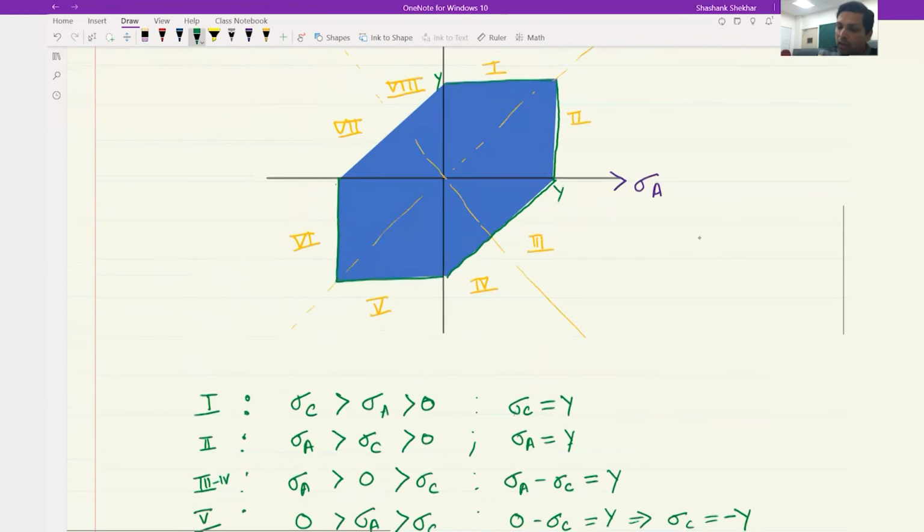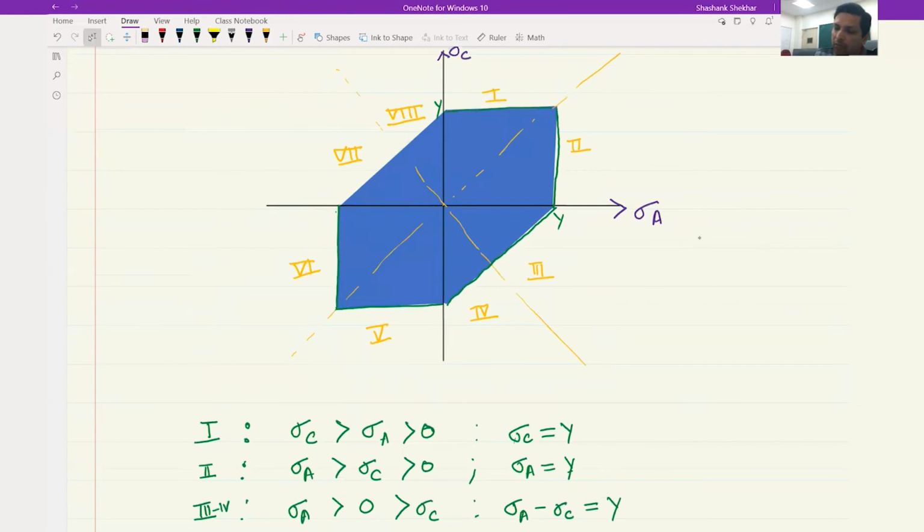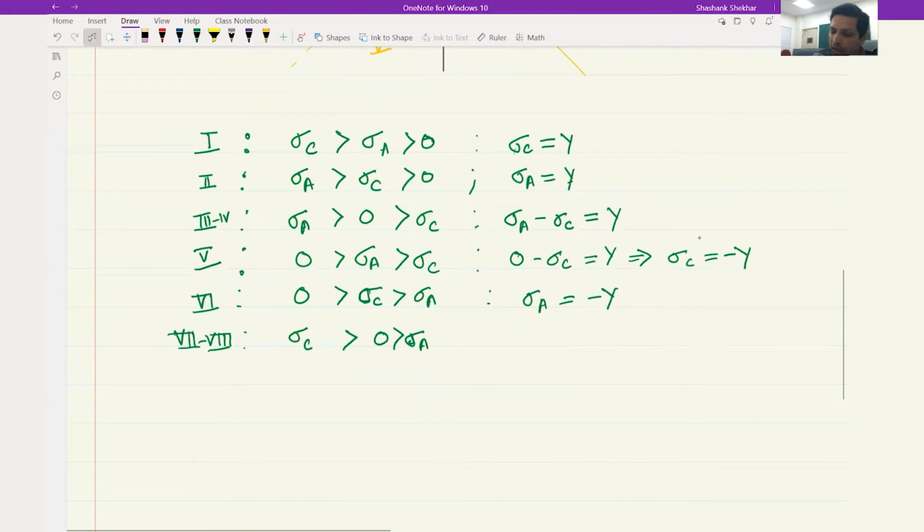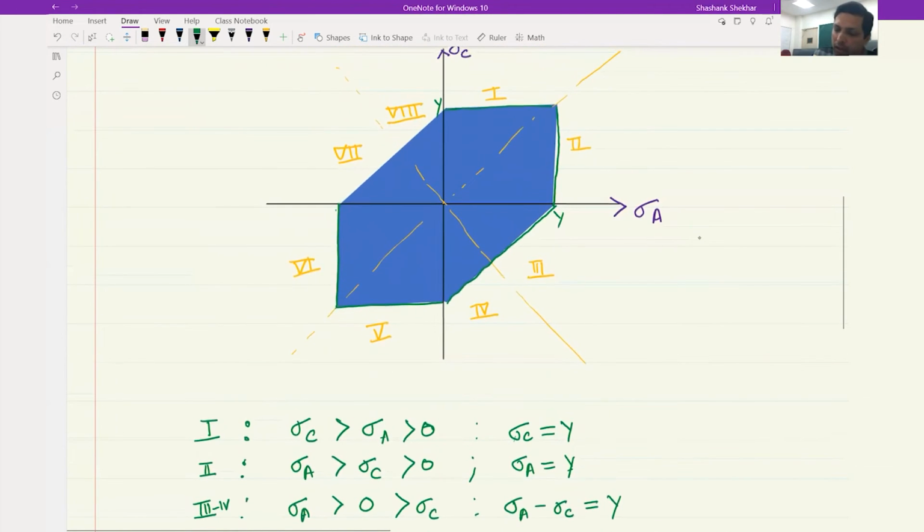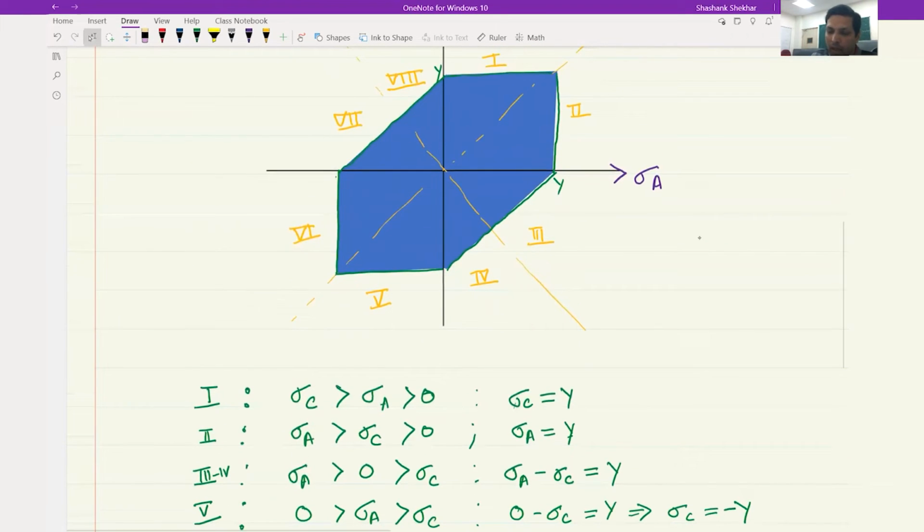So you can see that here sigma a is in the negative, but sigma c is in the positive. So sigma c is greater than 0, but sigma a is less than 0, and therefore the locus of yielding would be given by sigma c minus sigma a equal to y, and therefore this is a straight line like this. Therefore this becomes our hexagon type of shape, which defines the yield condition under the Tresca criterion.